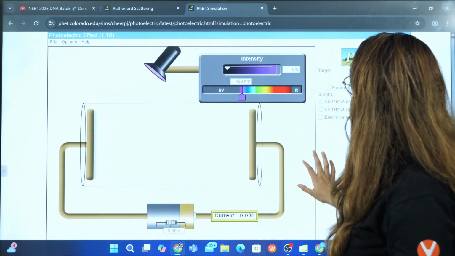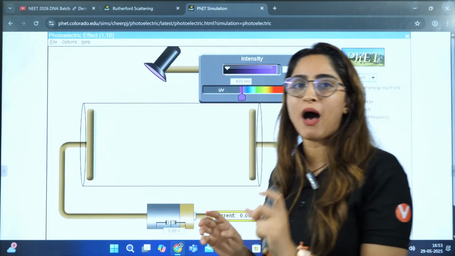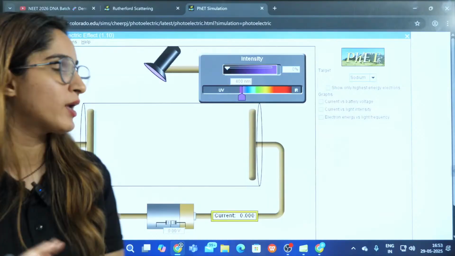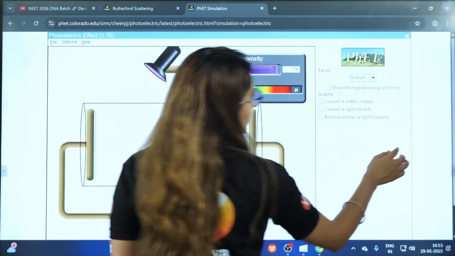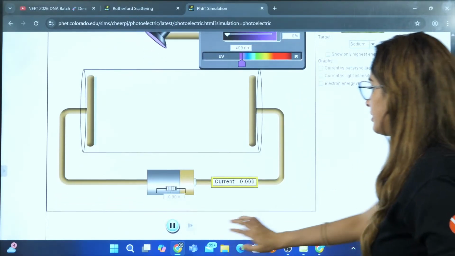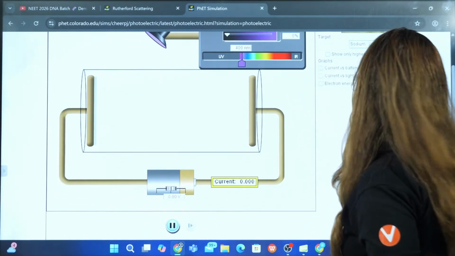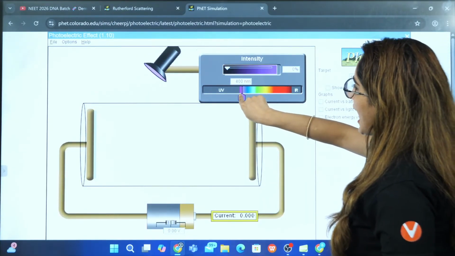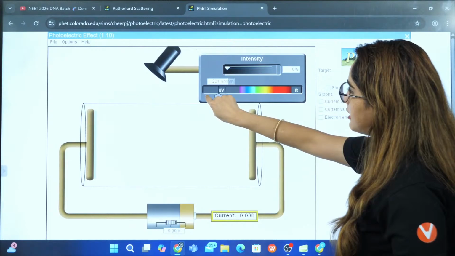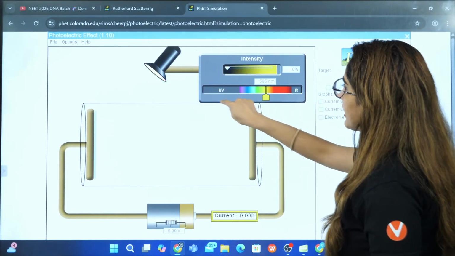Firstly, I'll fix one sodium atom. Okay, I have fixed one atom. I'm going to start it. It is started, but still electrons are not being ejected. That means I have to vary the frequency of the incident light. Can you see?